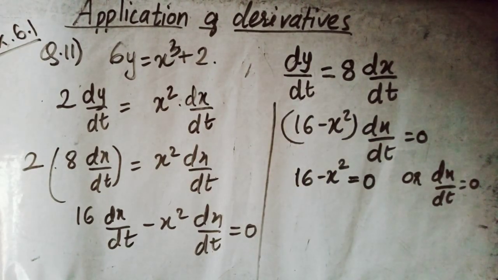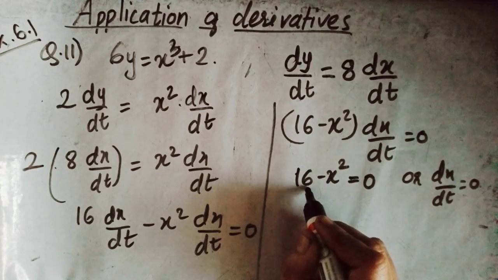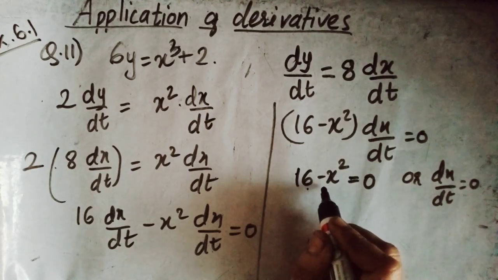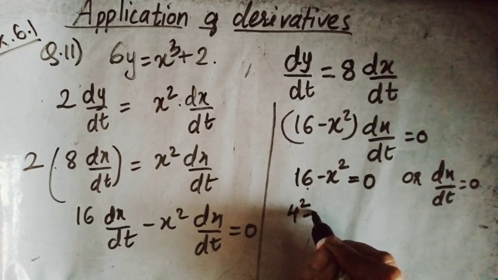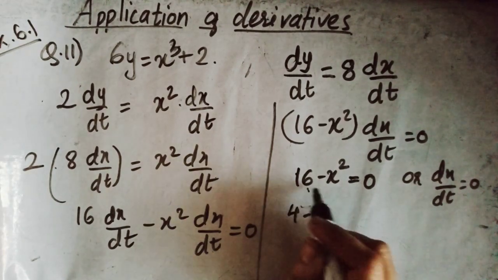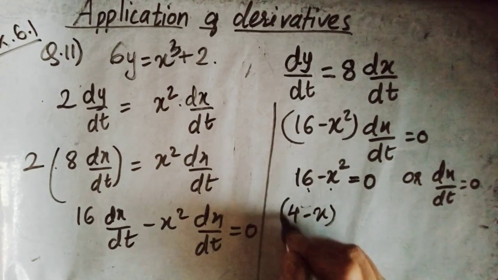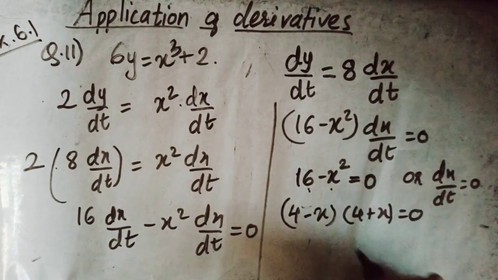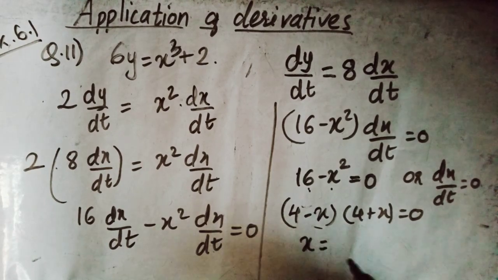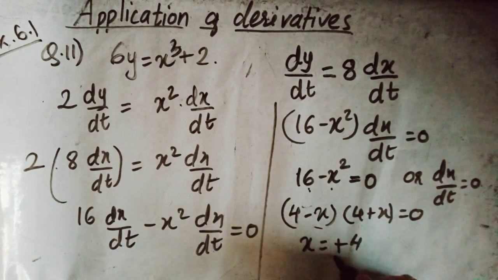So this will be 4 minus x and 4 plus x, right? 4 square minus x square, this is a square minus b square, so 4 minus x, 4 plus x equal to 0. So x is either plus 4 or minus 4.